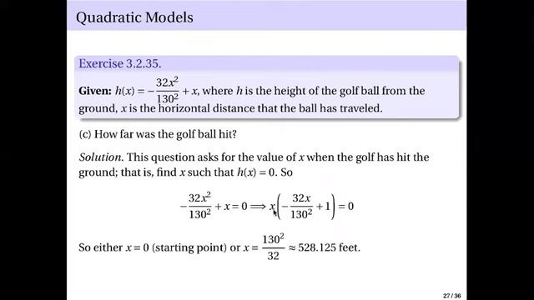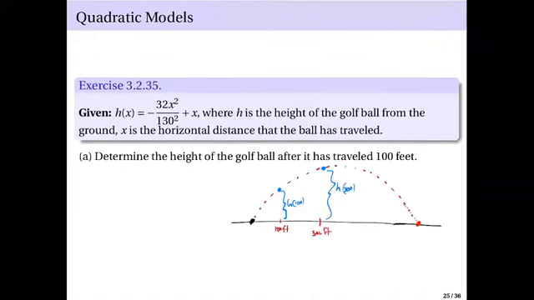So you will be able to see x equals 0 from here. That's your starting point. And then the other one, x equals 130 squared over 32, roughly 528.125 feet. That's the other end. That's where the golf ball landed.